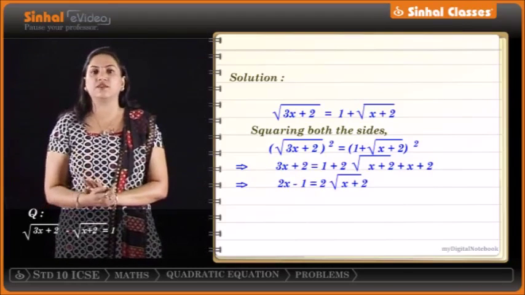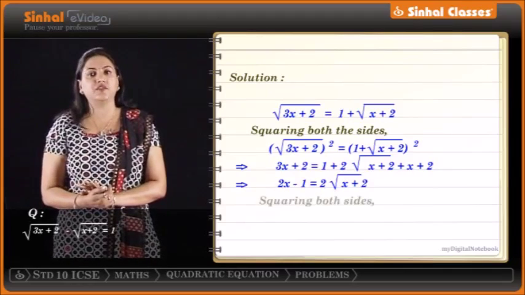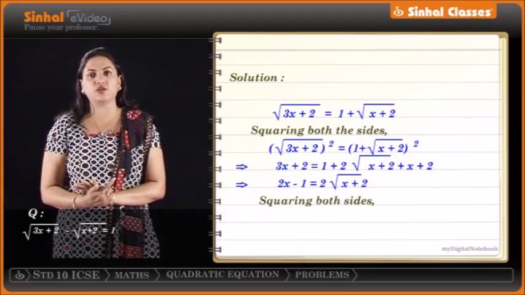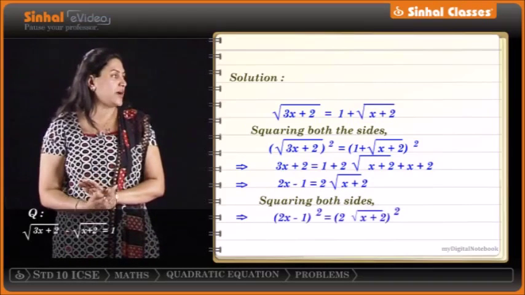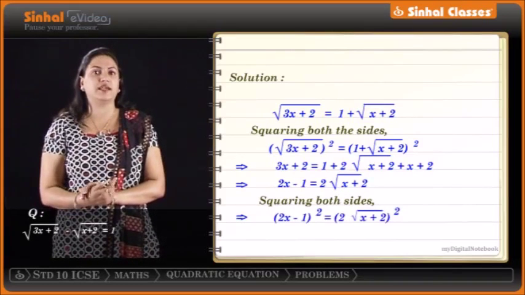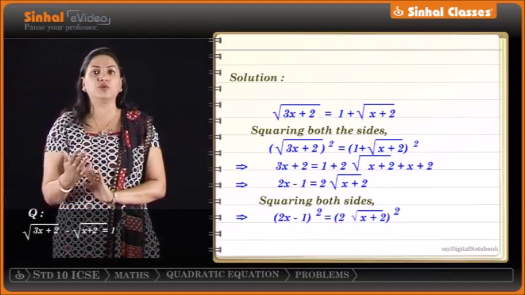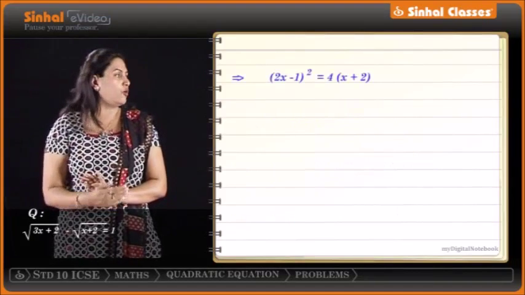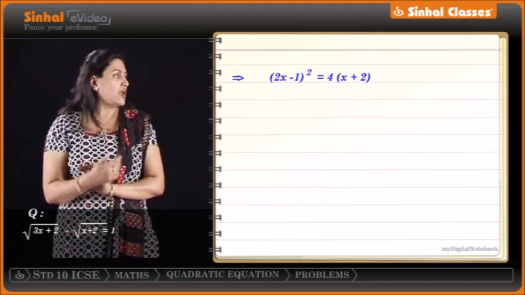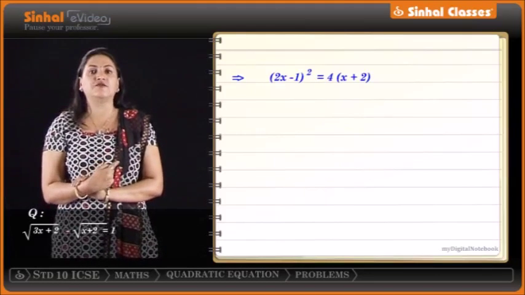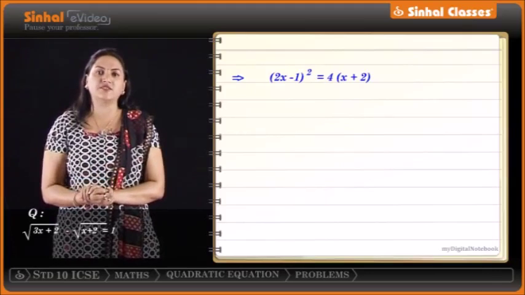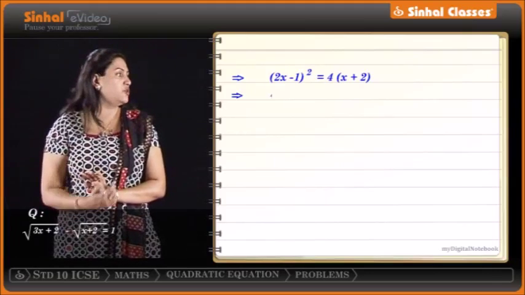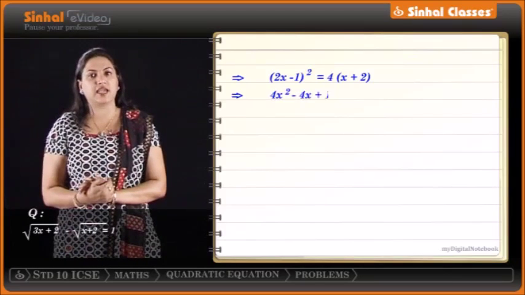Now we still have a root on the right side, so we need to square both the sides again. On doing so, we get 2x minus 1 the whole square is equal to 2 root x plus 2 the whole square, which gives us 4x plus 2. And on the left we get 4x square minus 4x plus 1, which is equal to 4x plus 8.